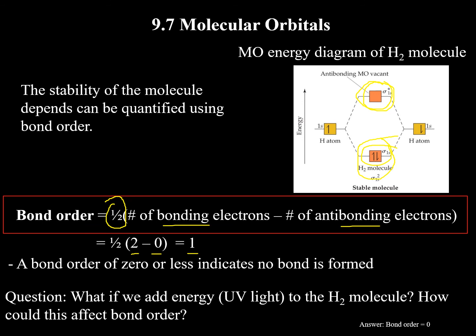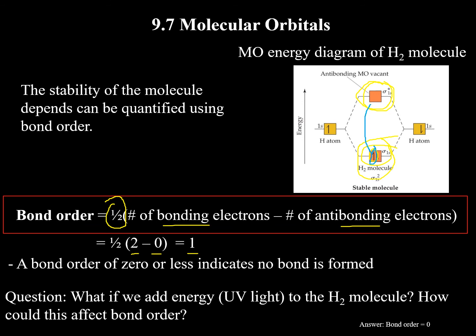The question here is, what would you do if you added some UV light to the H2 molecule? Well, in theory, one of the electrons would get excited.